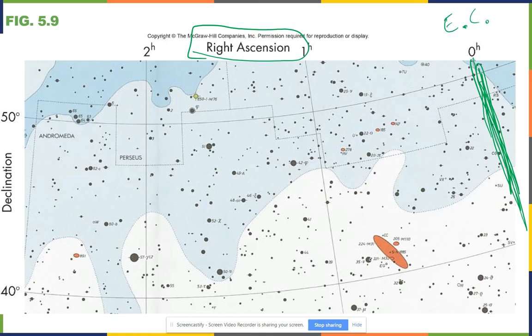Prime meridian for longitude. For right ascension, it's measured from the equinoctial colure. So we have one axis of our map with right ascension. The other axis is declination. We're basically at 40 degrees north, so everything here is going to, some time of the day, pass overhead.